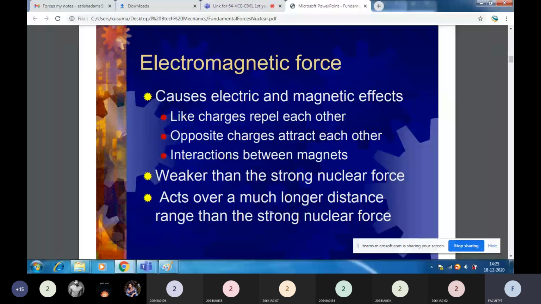In the first case we saw the nuclear force, and these forces are inside the atom. But here, regarding the charges or between the magnets, the distance should be considered as larger. So this force has a much longer distance range when compared with the strong nuclear force.